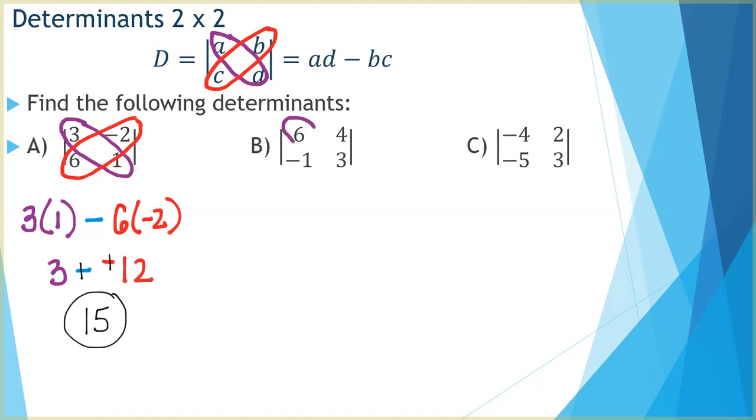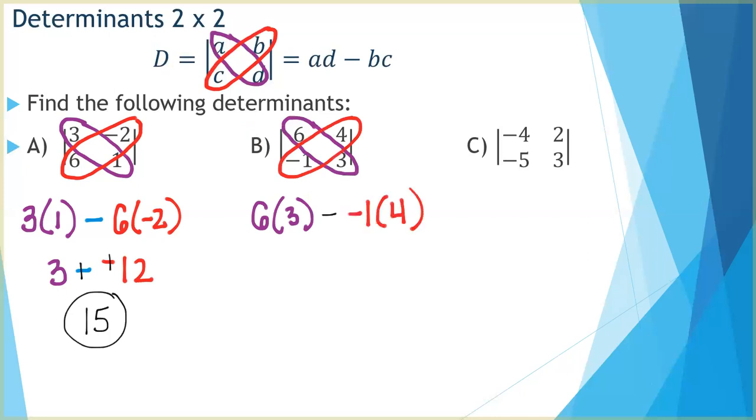Again, you're going to multiply. You have to make sure you're starting with A times D first. So it does matter. So you're going to go down diagonal first. So that would be 6 times 3 minus my up diagonal, which is -1 times 4.